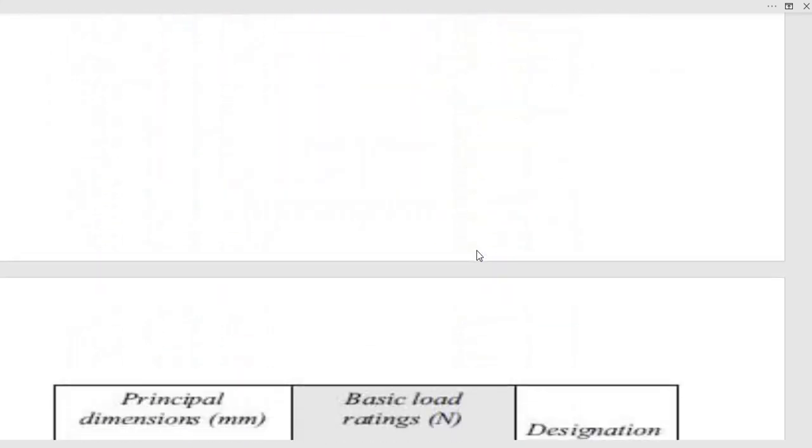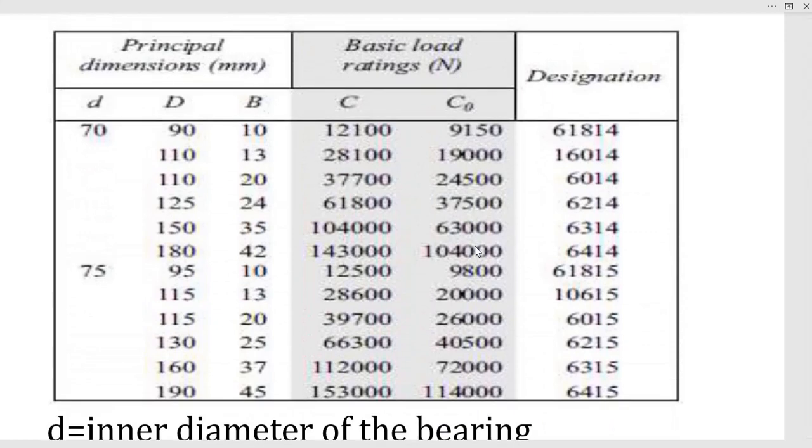We need to go to the diameter that is given, 75 millimeter, and look at the available information for the 75 inner diameter bearing. We need to look at the C rating, or the basic load ratings. For C naught, we don't know it, but we know the C that we have just calculated, which is the dynamic load carrying capacity of the bearing.